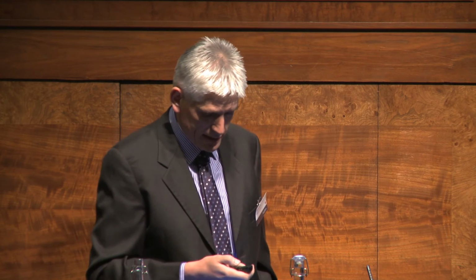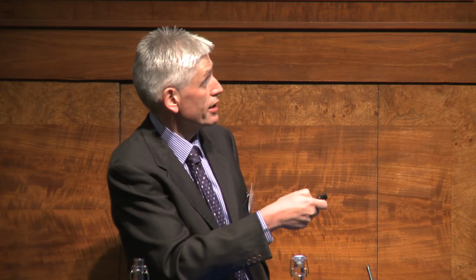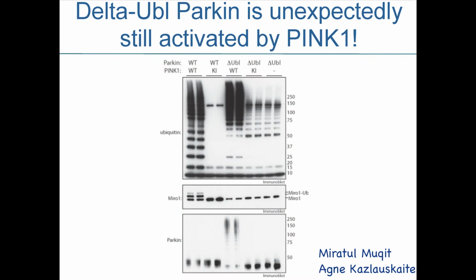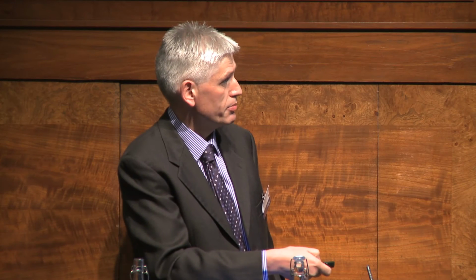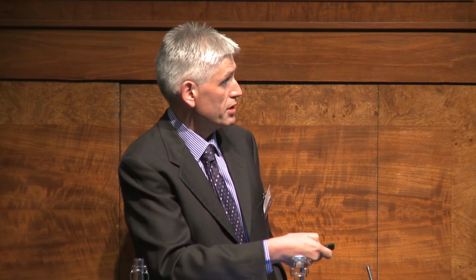But what Agnew discovered was quite startling to us: once he added wild-type PINK1 to this reaction, the delta UBL domain, although it can't be phosphorylated by PINK1, still became massively activated. This can also be seen by the auto-ubiquitylation of the Parkin.